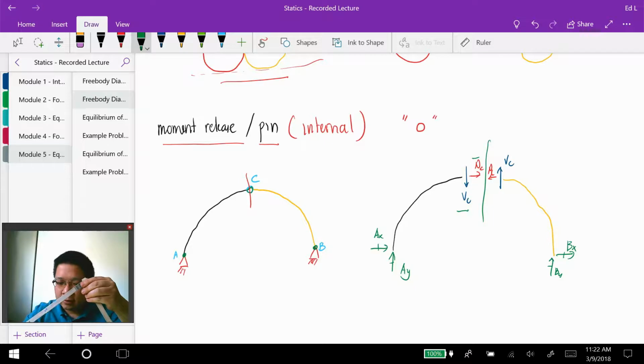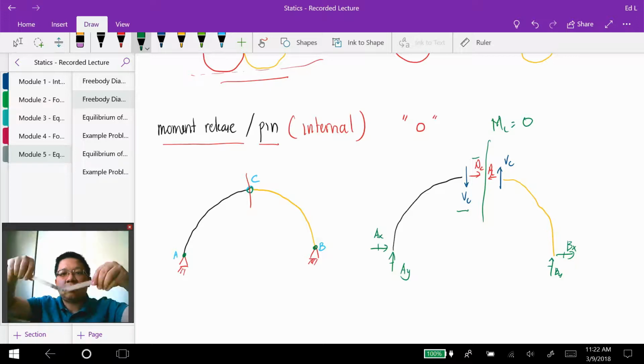Thus we can say the moment at C is 0. However, you can see that this pin connection can transfer the horizontal force, and it can also transfer vertical force.